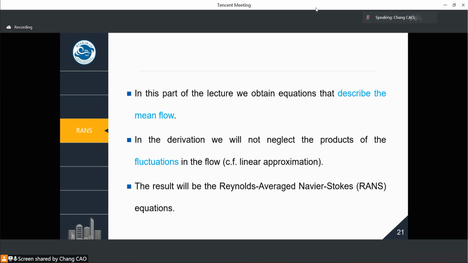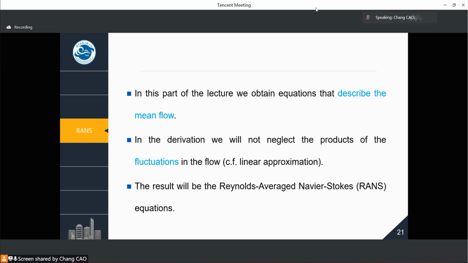And in the derivation, we will not neglect the products of the fluctuations in the flow, which means that when we derive the RANS, we will also have a byproduct, that is the fluctuations.